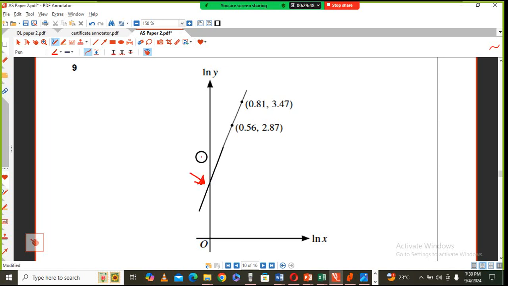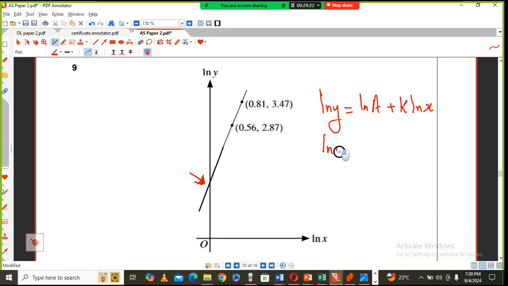It's a y-intercept. Okay, I'll come back to this question. I hope all of you started by saying natural log of y is equal to natural log of a plus k times the natural log of x. Are we together?